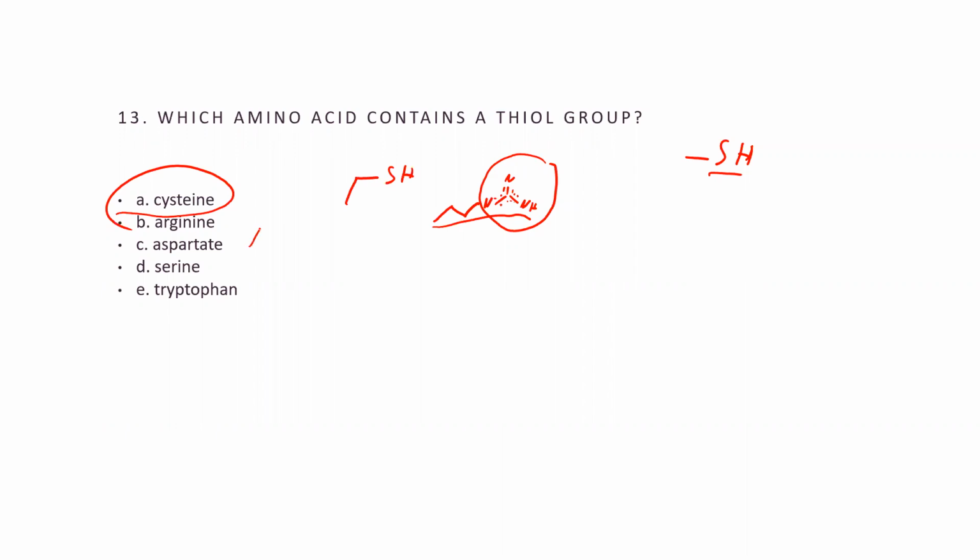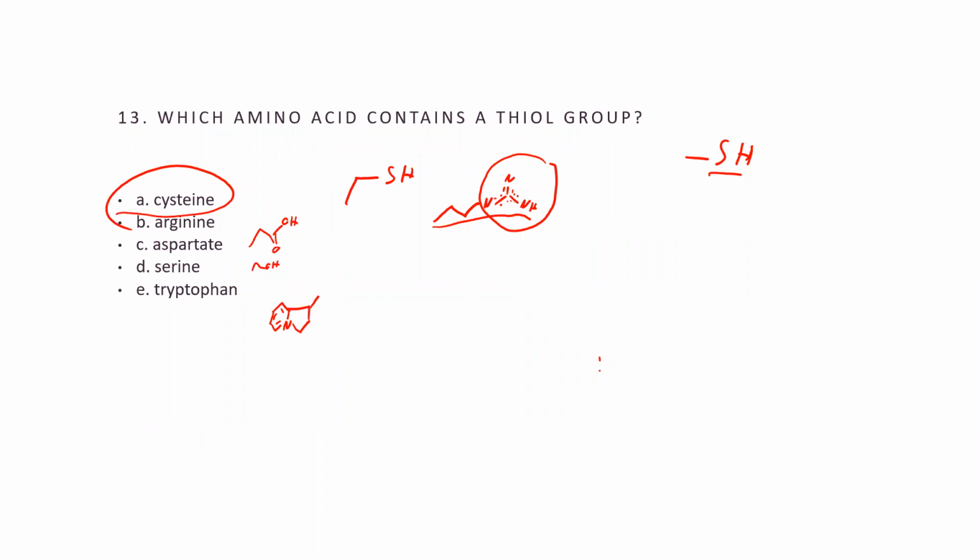Okay. Aspartate, done this one several times. It's got 2 carbons. Serine, what's this one look like? OH. Tryptophan. So I don't know the structure for this one. I just remember that there's a benzene ring, there's like an H here, and then there's like a 5 carbon ring. That's probably not what it looks like, but it's the biggest one, right? Tryptophan's the biggest one.